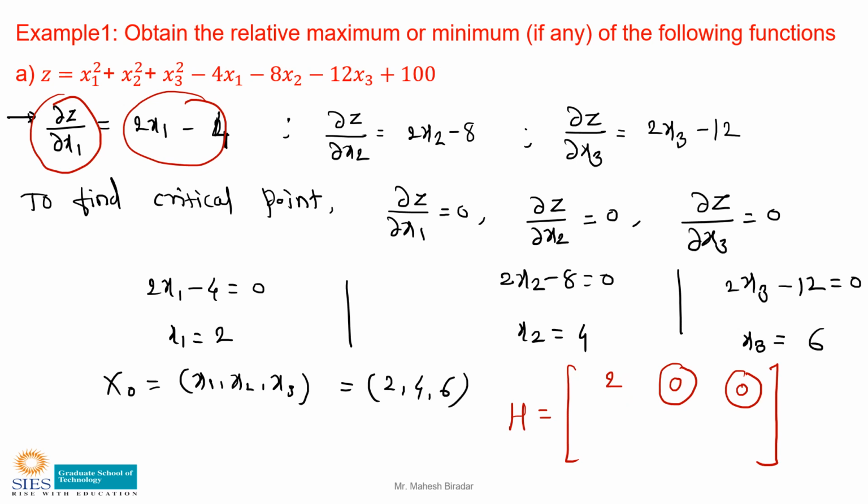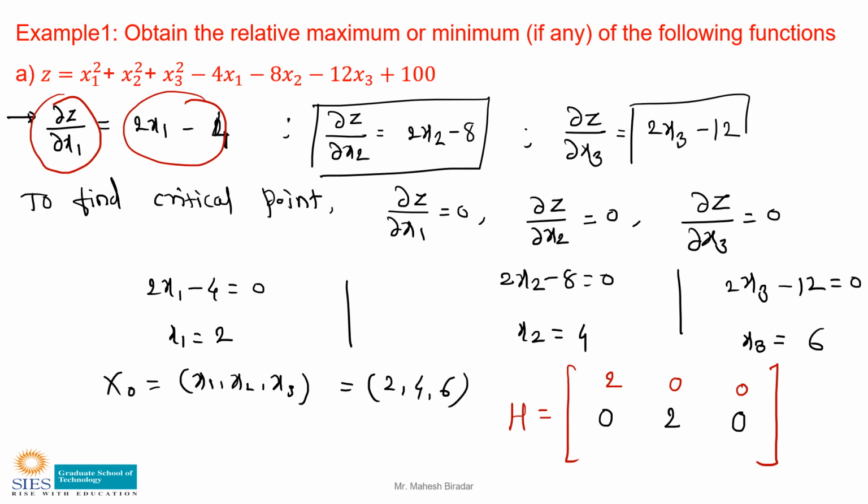So in this way, your first row is 2, 0, 0. Similarly, if you differentiate the second equation with respect to x1 first, here it is 0. With respect to x2 is 2. With respect to x3 is 0. Now you can fix the third equation and differentiate with respect to x1. Answer is 0. With respect to x2, answer is 0. With respect to x3, answer is 2. So this is the Hessian matrix.